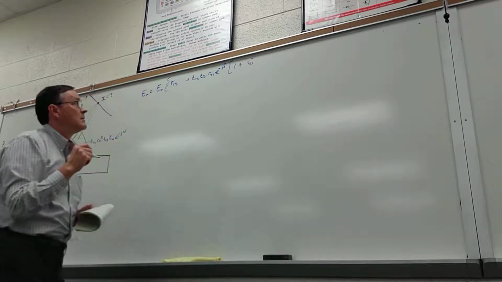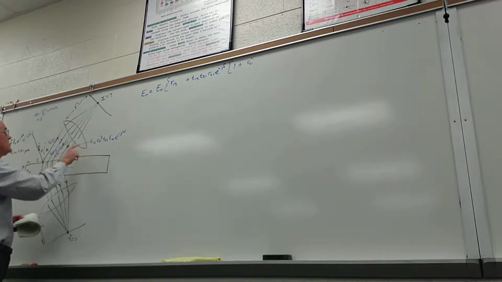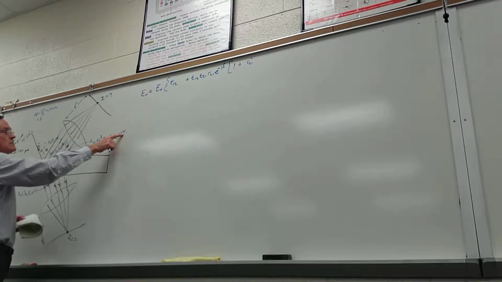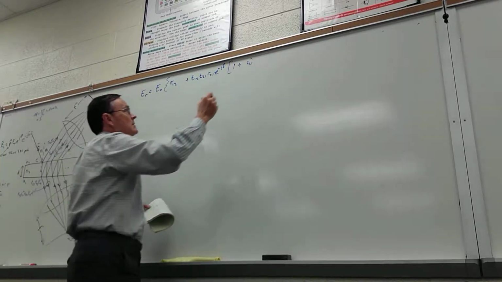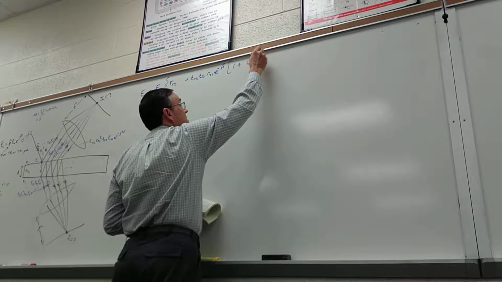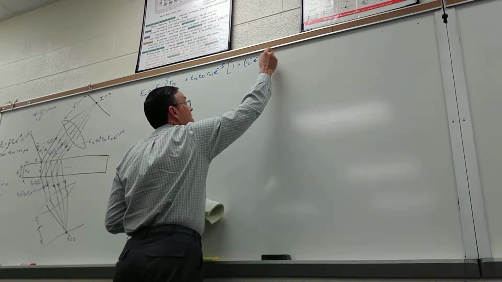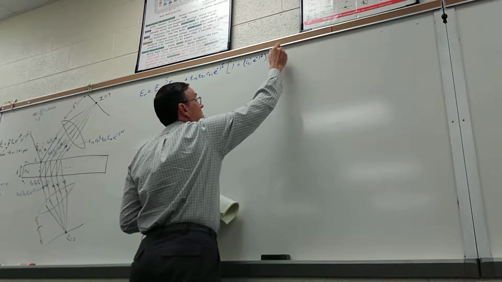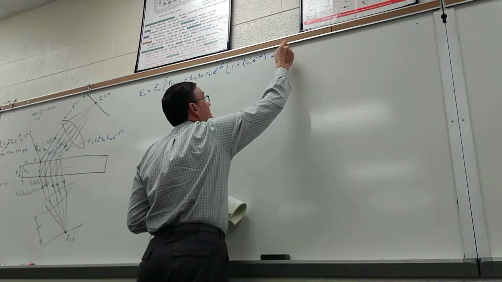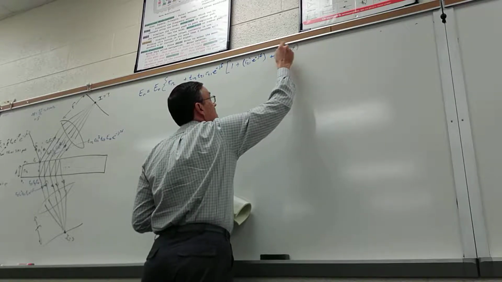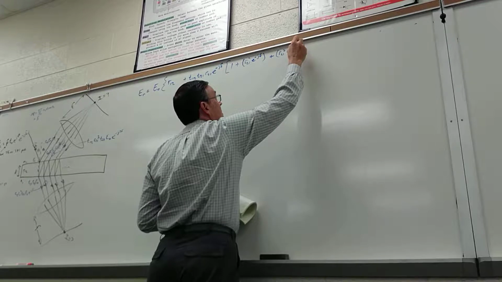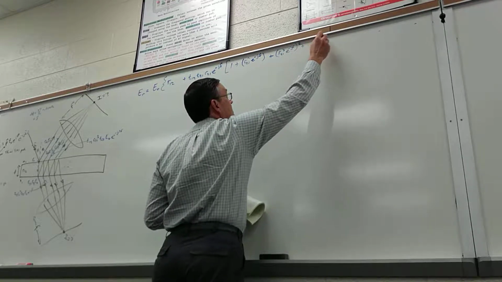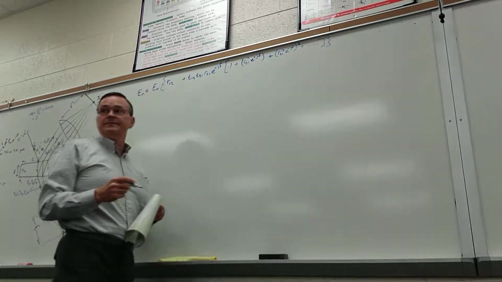The next one will be R21 to the 4, e to the minus j delta squared, plus, et cetera.